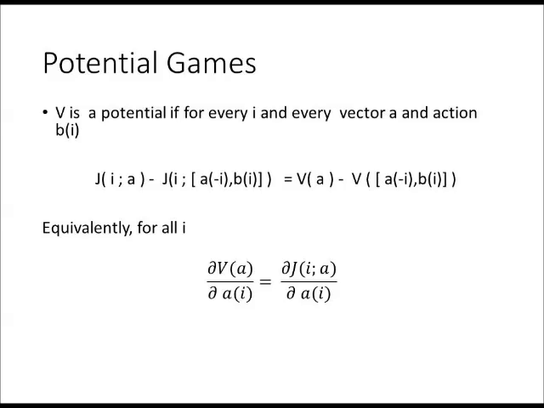Now, if the potential V is differentiable, then this definition is equivalent to the following. The partial derivative of the potential V with respect to a_i should be equal to the partial derivative of the utility for player i with respect to a_i for every vector a and every player i.